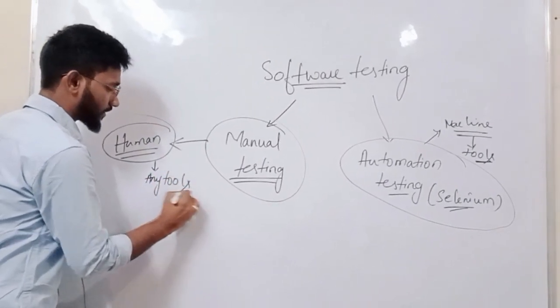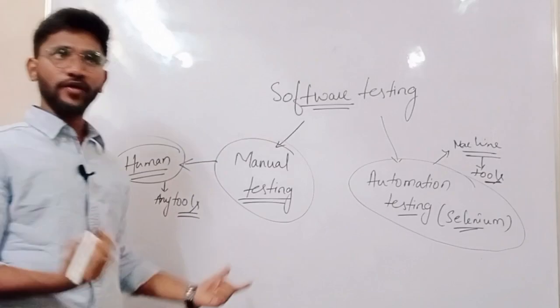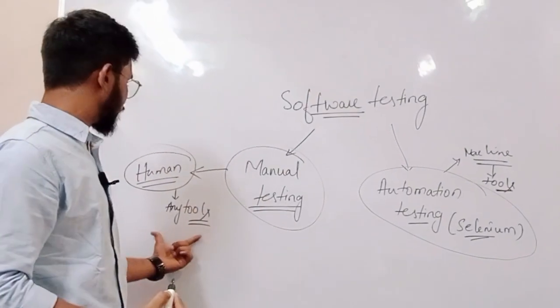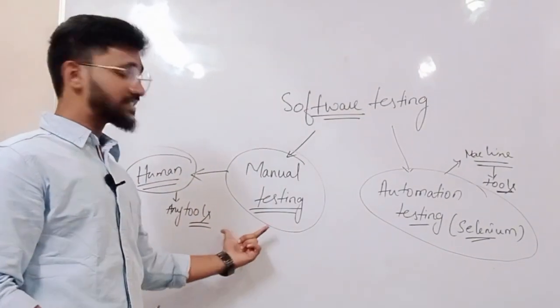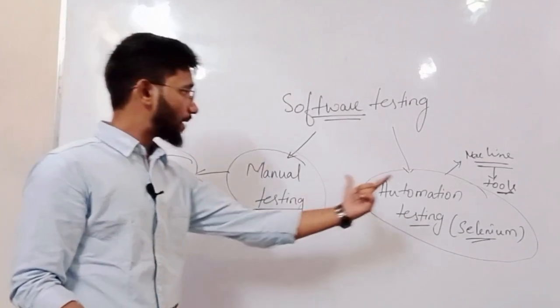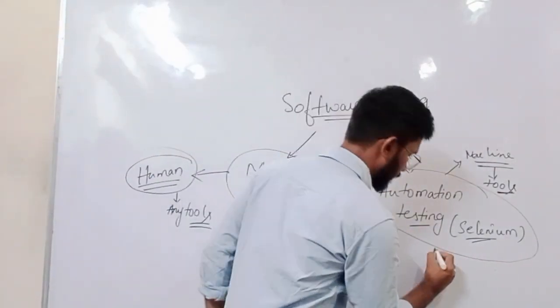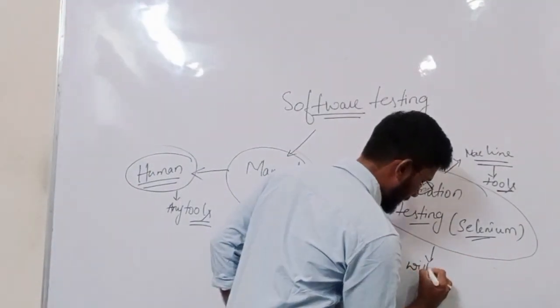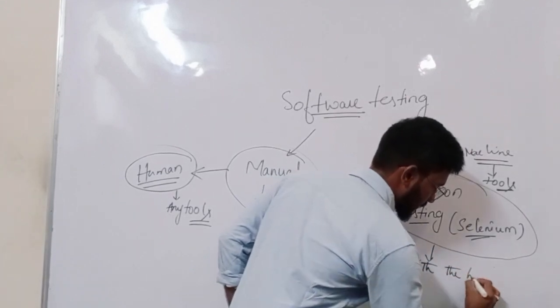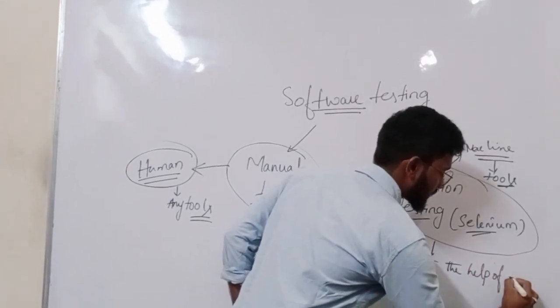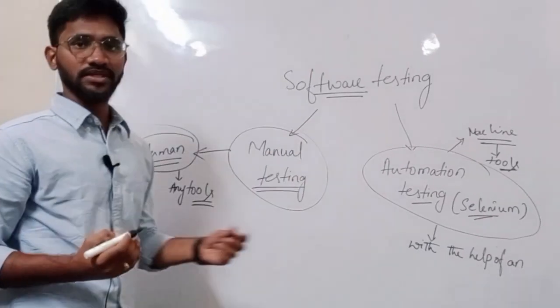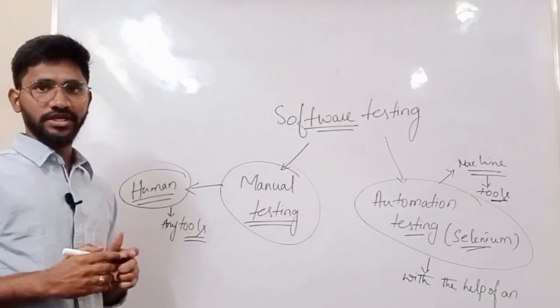Testing the functionality of an application without using any tools is known as manual testing. Testing an application with the help of tools is known as automation testing.